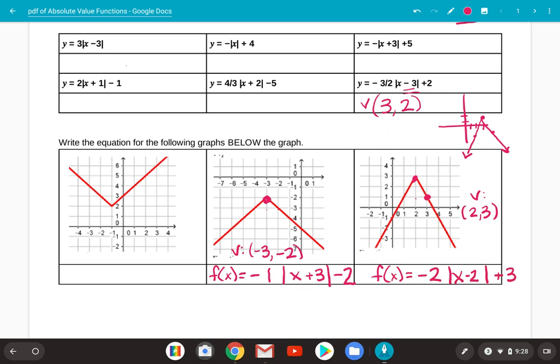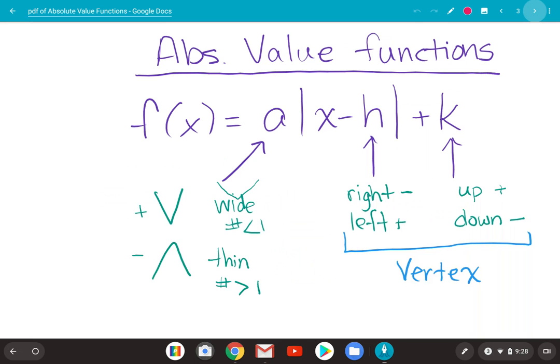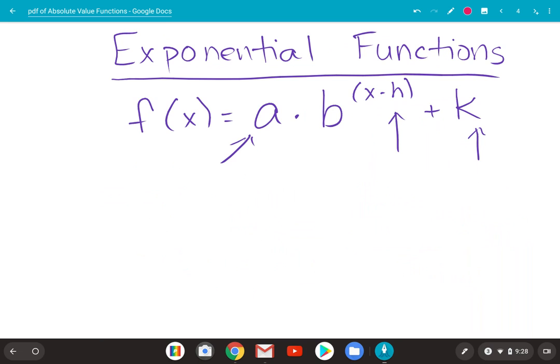The other one that you guys are going to be doing is exponential functions. So exponential functions, they're almost the same kind of equation. The a is going to tell you if you're going to go up. So if it's positive, you go up. Down, it's going to go negative. That does not change. Okay.